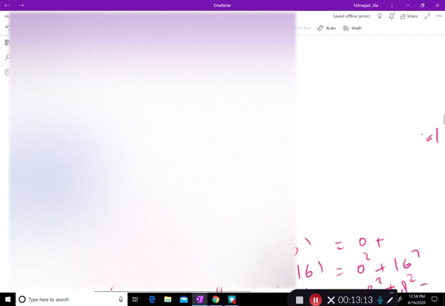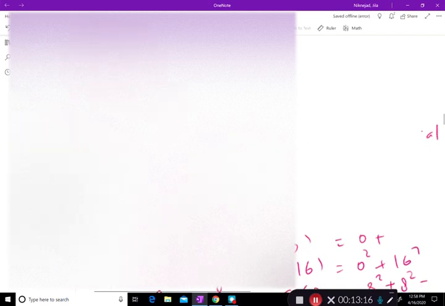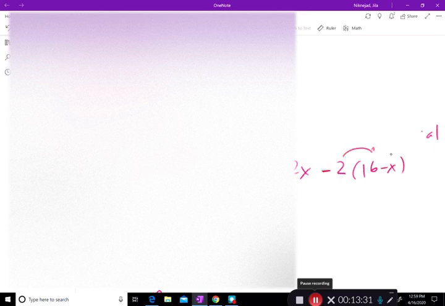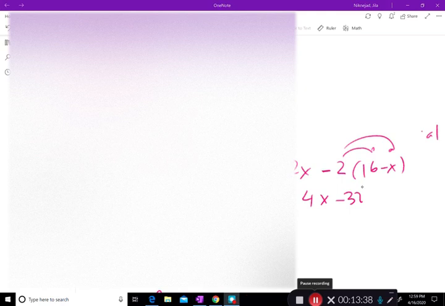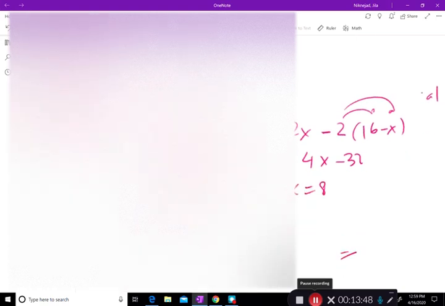So Q prime of x equal to 2x plus 2 times 16 minus x, and the derivative of the inside, which is negative 1, and then you get 4x minus 32. That will give me critical number x equal to 8.